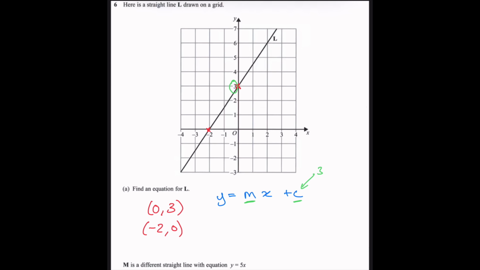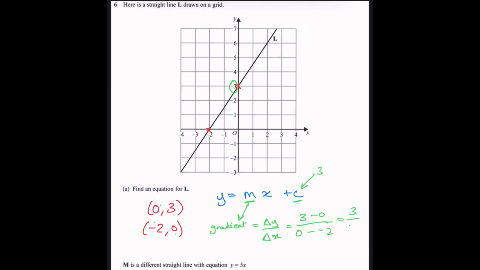M, the gradient, I can find by doing the change in y divided by the change in x. So I have 2 y values here. I'm going to do 3 minus 0. This first y value minus the second y value. And then for the change in x, I'm going to do 0 minus the second x value, which is -2. 0 minus -2, which is 3 over minus and minus cancels out to make a plus.